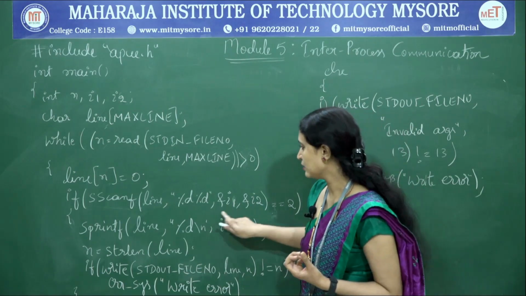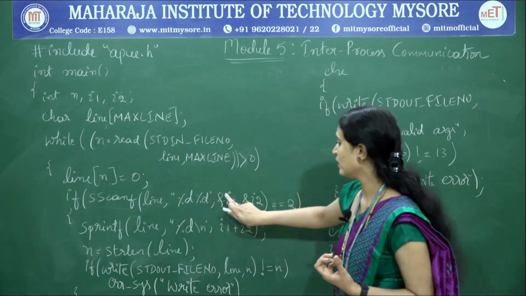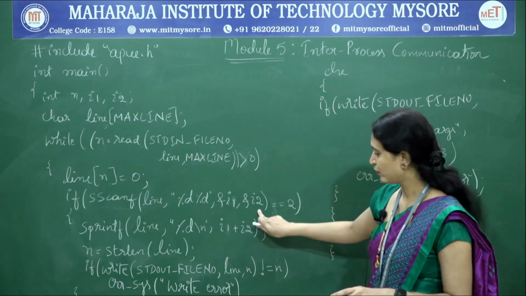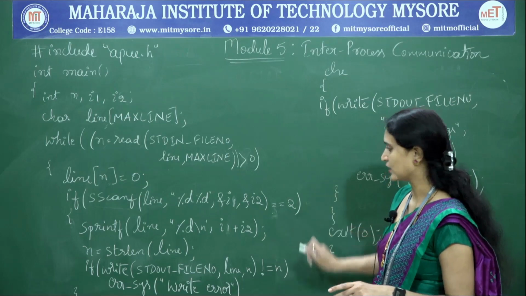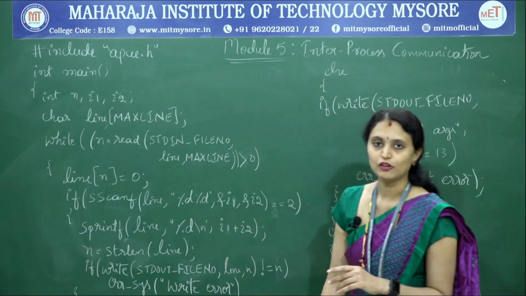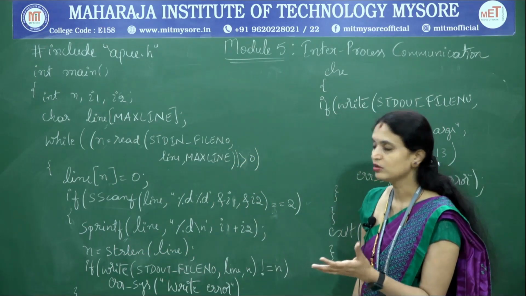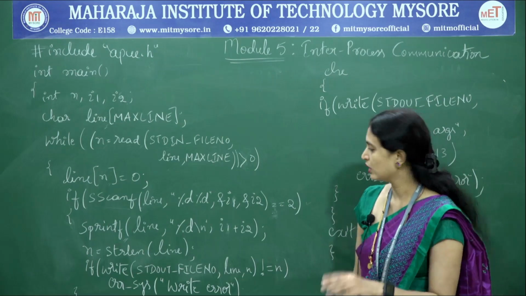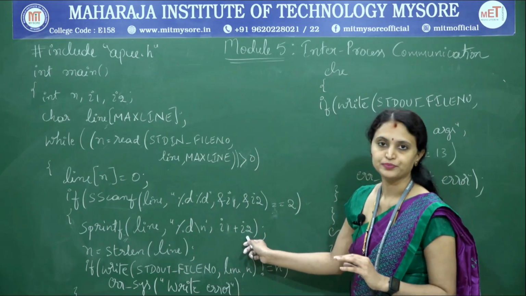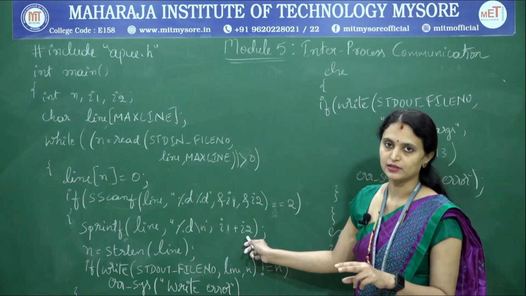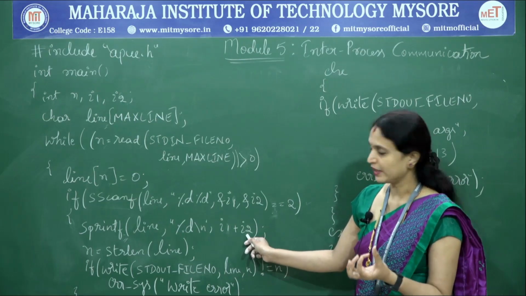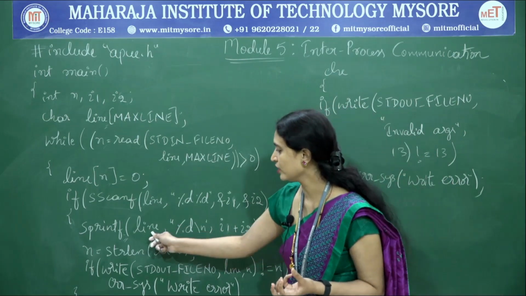If it is read successfully, it returns the total number of read inputs, here in this case 2. If it is 2, then it is successful. In that case we are making use of sprintf, which means again we are printing into some formatted string. What we are printing is I1 plus I2, the addition of two numbers, and the sum is placed into the string line.